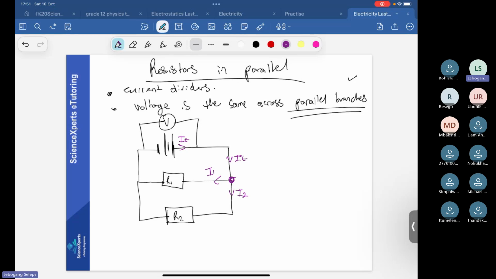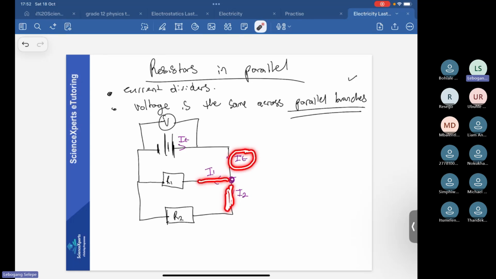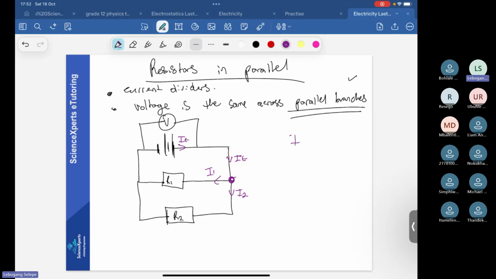Can you see what happened there? That's what we mean when we say the current is divided across the parallel branches. The current that goes to the upper branch and the current that goes to the lower branch, when we add them, they need to give us the total current because they both come from the total current. So I can say that I total is equal to I1 plus I2, right?